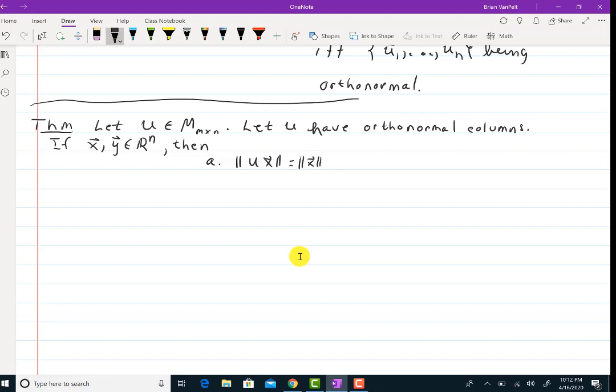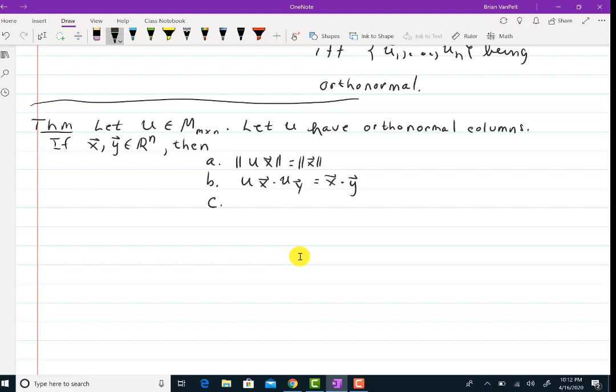So basically, when you multiply x by u, it preserves the length of the vector. For B, we have ux dot uy equals x dot y. So it's as if u did nothing in that particular instance.